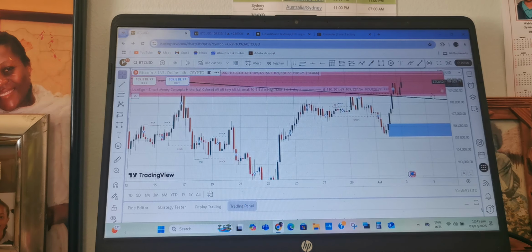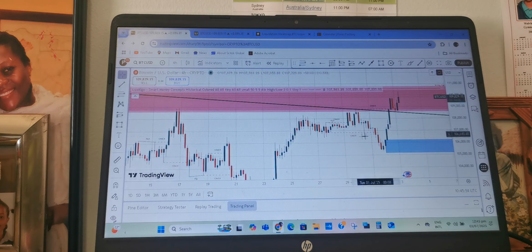If I look on our 4-hour time frame, obviously this is the consolidation that I was talking about. The market came to hit the trend line, retraced, and then after the retracement the momentum kicked onwards, breaking out of that trend line on the 4-hour time frame.